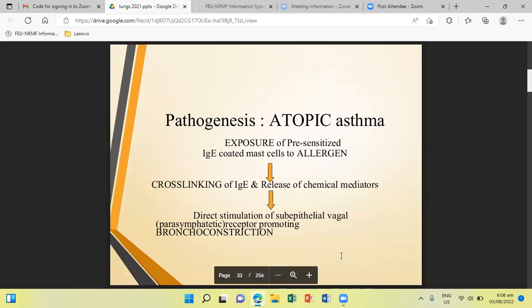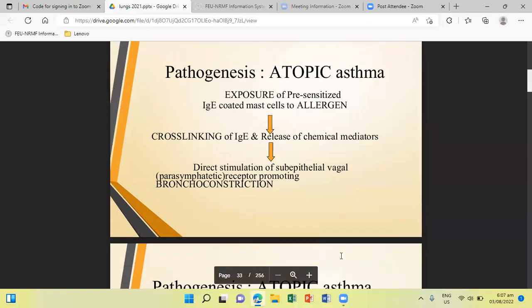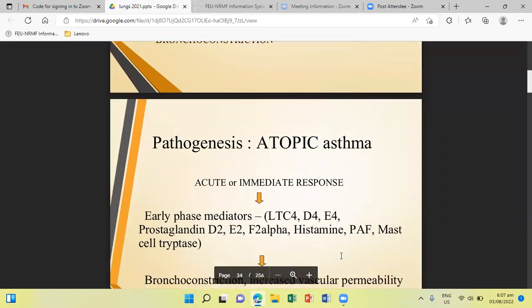So again, on re-exposure to antigen, there would be an immediate reaction triggered by antigen-induced cross-linking of IgE bound to Fc receptors on mast cells. This will then release preformed mediators, and the expected effect would be bronchoconstriction.